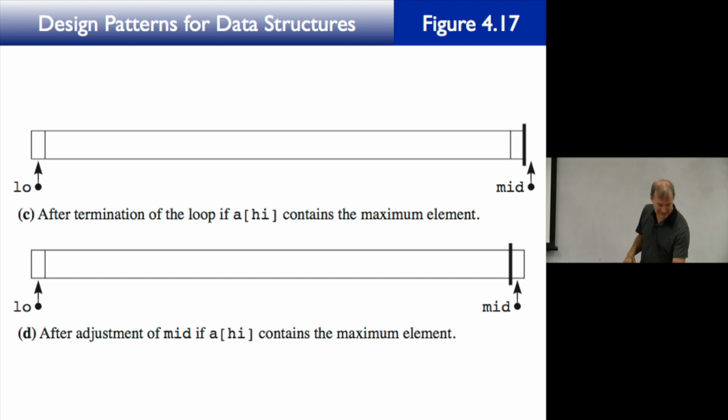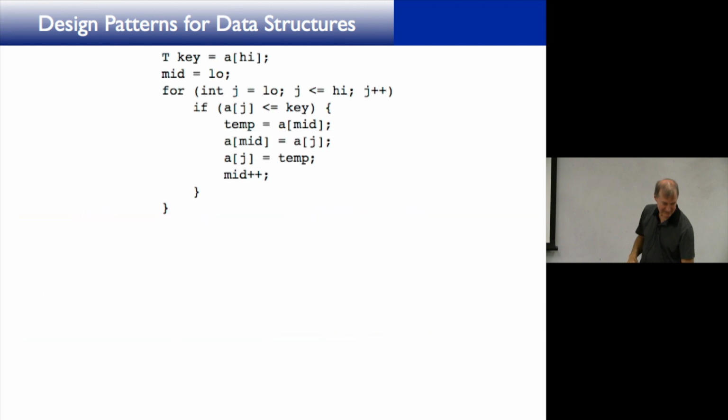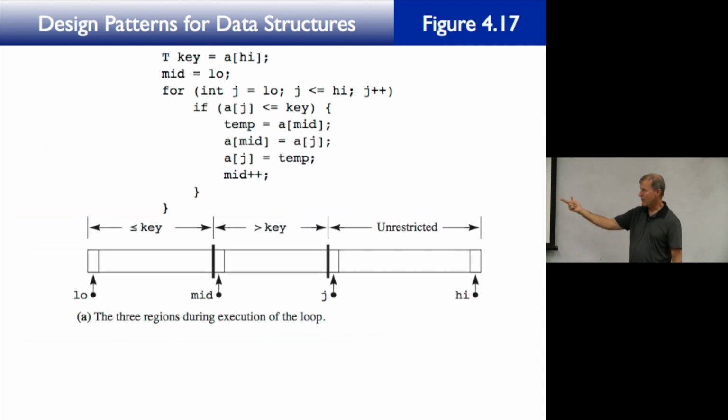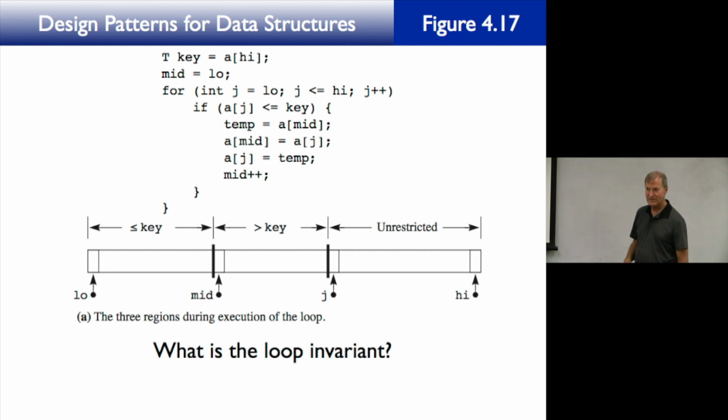And now you guys, tell me, here's the code, here is the picture. You know what the question is now? What is the loop invariant? Now don't everybody answer at once. I'm asking how to write down the loop invariant.